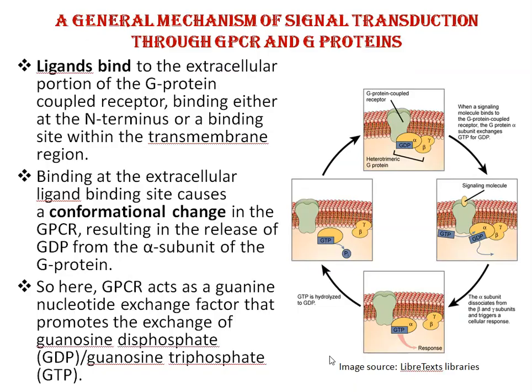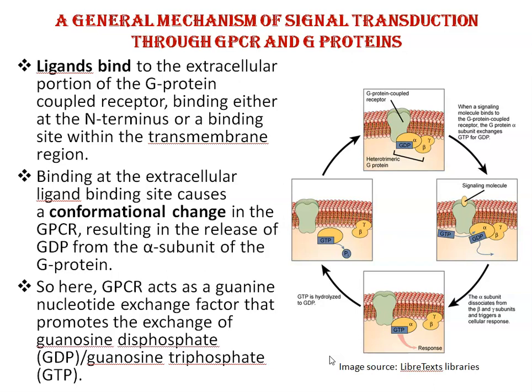Now, a general mechanism of signal transduction through GPCR and G proteins. So actually, the mechanism of signal transduction starts with ligand binding, right? So first, a ligand binds to the extracellular portion of the G protein coupled receptor, binding either at the N terminus or a binding site within the transmembrane region, right?